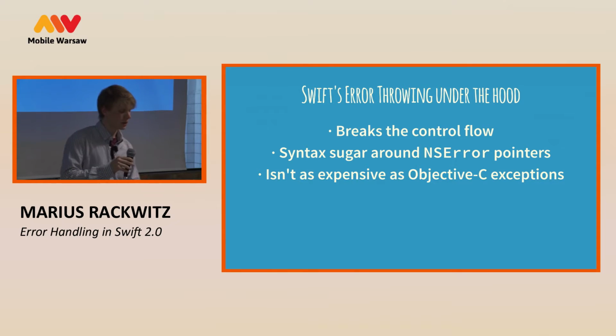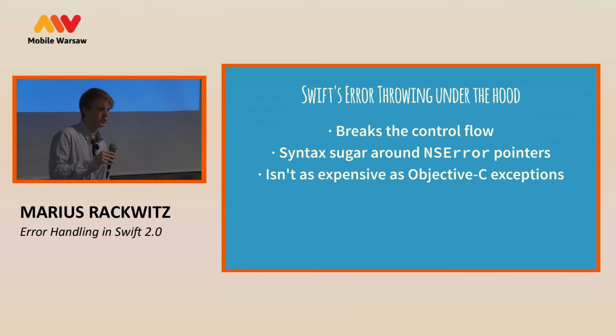And because it's just based on NSErrors, it is also not as expensive as Objective-C exceptions. There's no unwinding of the call stack involved or anything like that. It's just another way, more or less, to have a return type with some nice syntax around it.